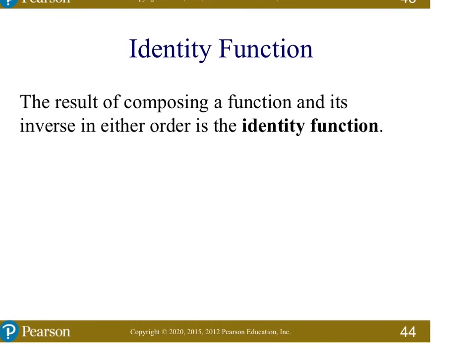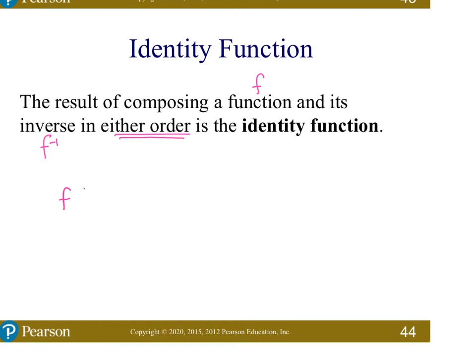Now that we know about composing functions, we can use that to create what's called an identity function. So if you compose a function called f and its inverse called f inverse in either order, the result is what's called the identity function.